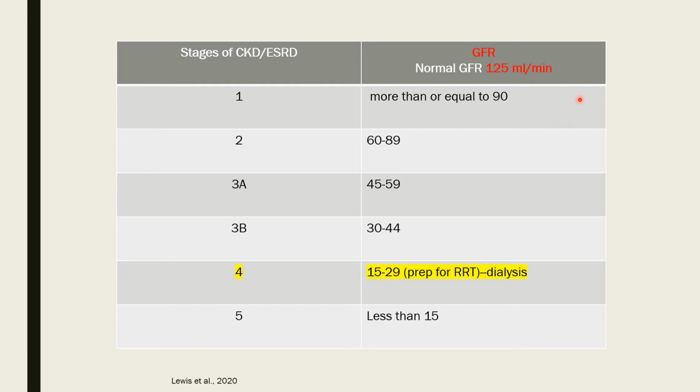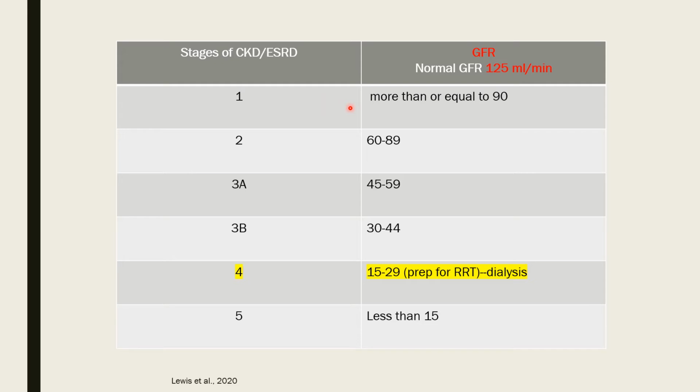There are different stages of CKD or end-stage renal disease, and there are 5 stages. Again, they look at the GFR, or the glomerular filtration rate. The lower it is, the higher the stage is.